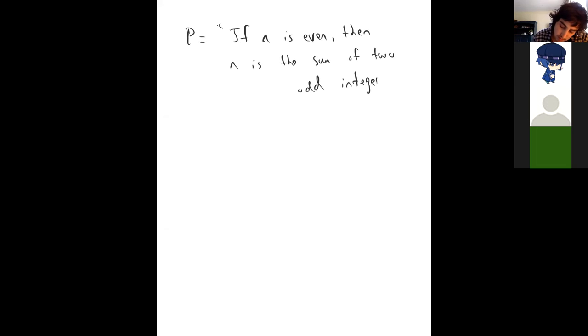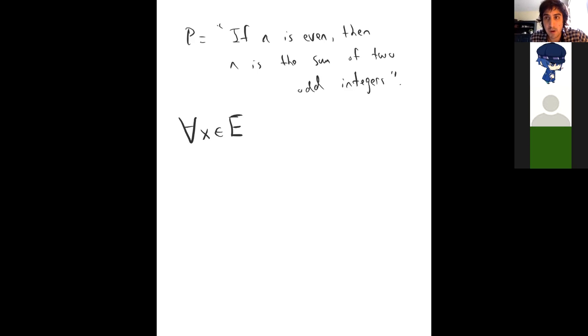Cool, okay, so the question was, P is: if N is even, then N is the sum of 2 odd integers. They let E be the set of even numbers and O be the set of odd numbers. So does everyone agree that the statement says for all X in E, there exist 2 odd integers?